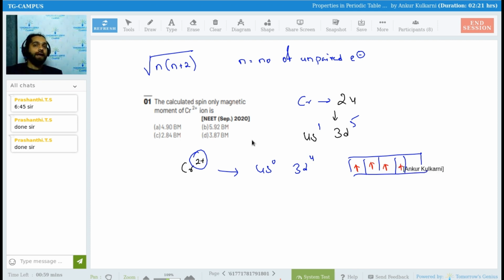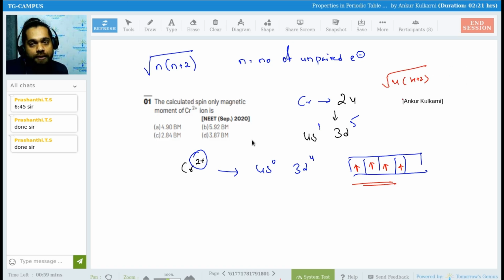So we have 4 unpaired electrons. So we have 4 plus 2, that is 6, 6 times 4 is 24. So root 24 is somewhere around 5, isn't it? So it is 4.9. Is it clear, everyone?